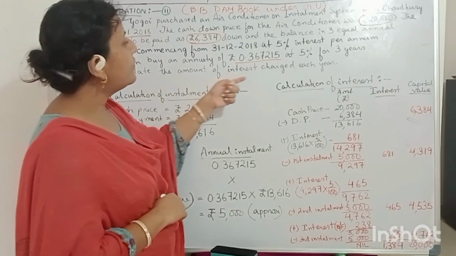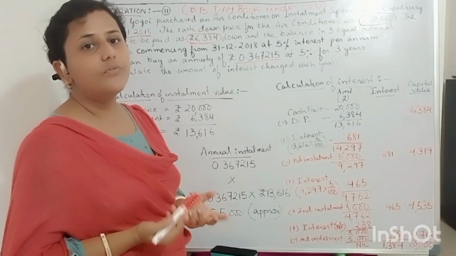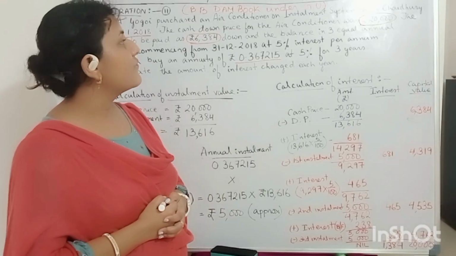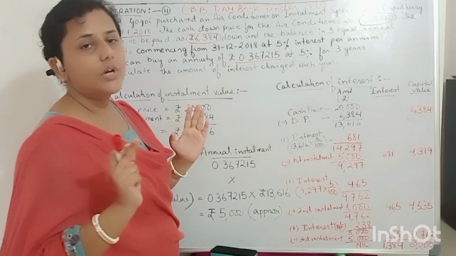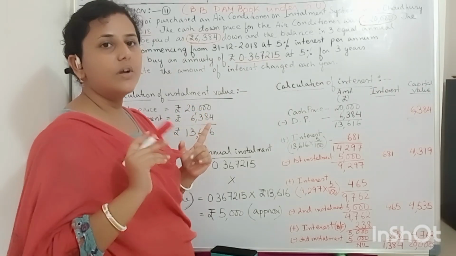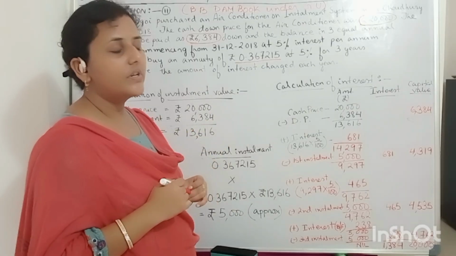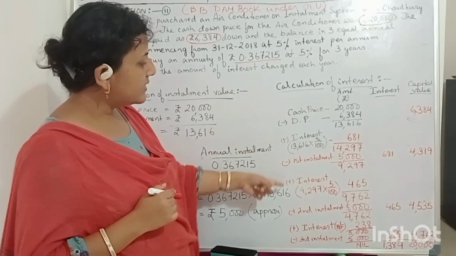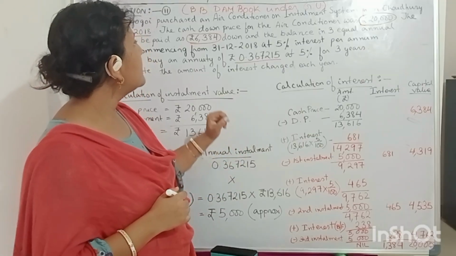Calculate the amount of interest charged each year. So you have to calculate the amount of interest. So you can prepare that chart. Illustration number 1, remember I have done, how to calculate the amount of interest. So this is the chart. But here you see cash price is given.